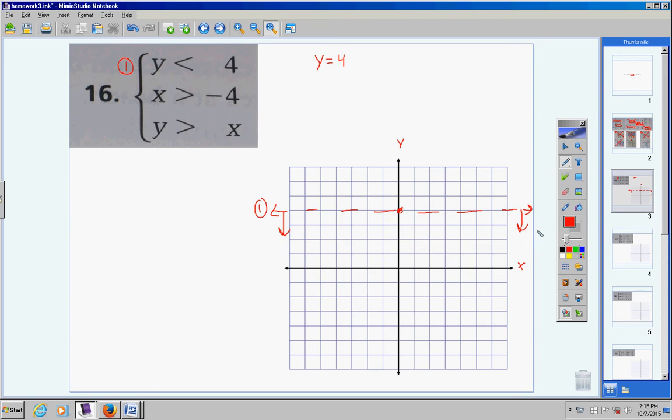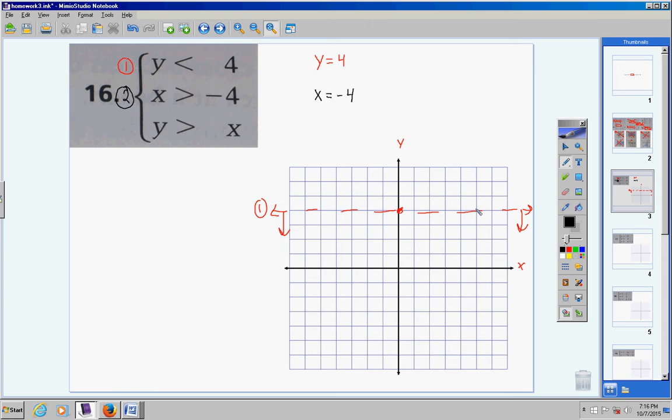Now let's change to the color black. We're going to call this number 2. Now we have x is greater than negative 4. I'm going to rewrite that with the equal sign just to help me find my boundary. I'm looking for a vertical line because I have one variable, x. Remember, whenever you have one variable that's a y, your line will be a horizontal line.